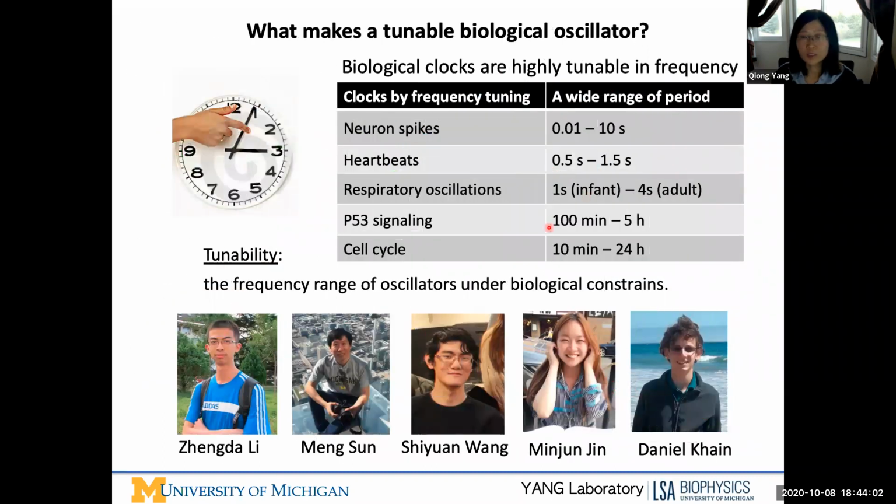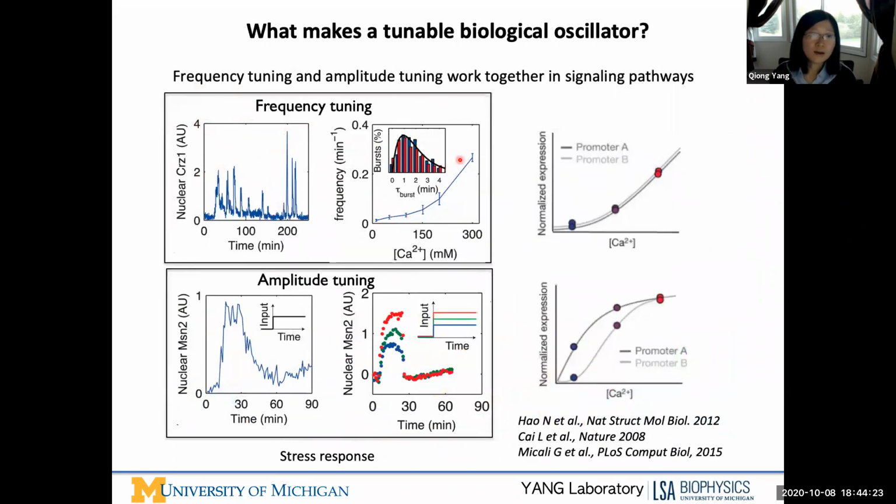Now I'm switching to another project that uses this artificial cell system to basically ask, what is the clock tunability designed by? This is also another important question because it seems most of the clocks in nature have this ability of tunability. Actually, in the signaling system, we know that both amplitude and frequency tuning exist.